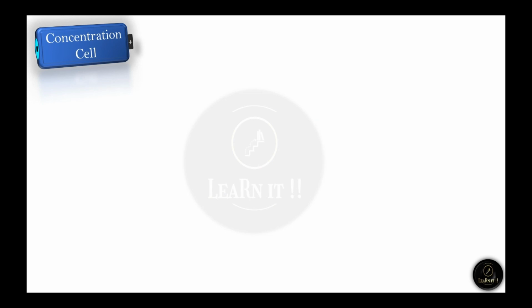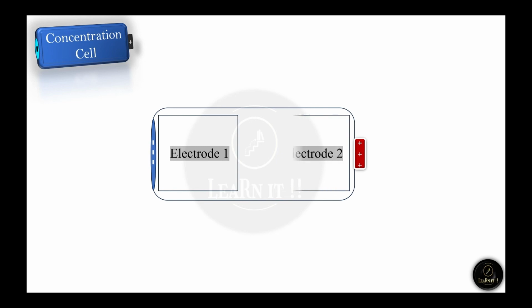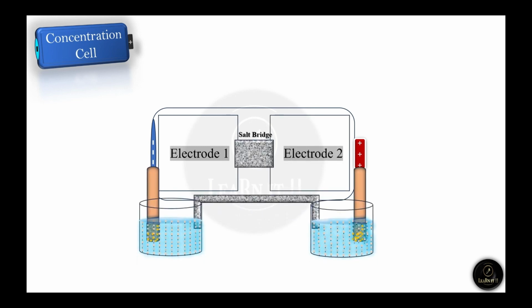A concentration cell is a galvanic cell in which both electrodes are of the same type, but the concentration of the electrolytes in which they are dipped is different. Consider a cell made of the same material.